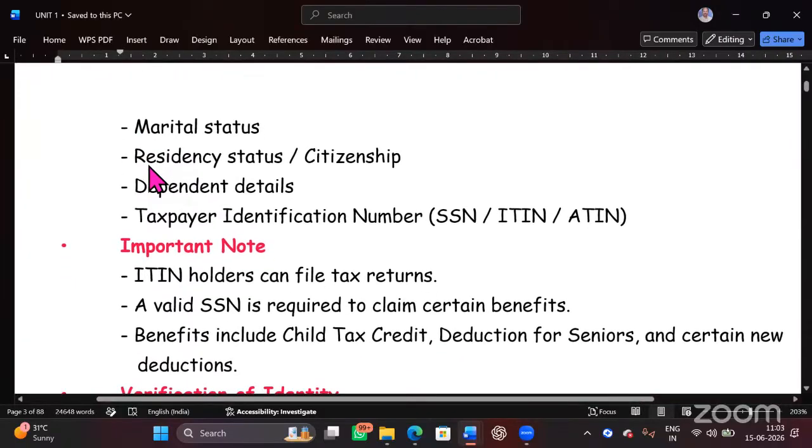Suppose the taxpayer has dependents, we have to fill in all the dependents' data. If the number of dependents is more, the tax benefit available to the taxpayer also increases. So to claim this benefit, the taxpayer is responsible for filling in that data.